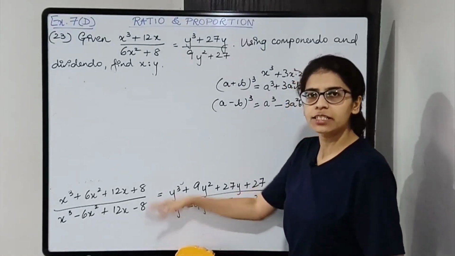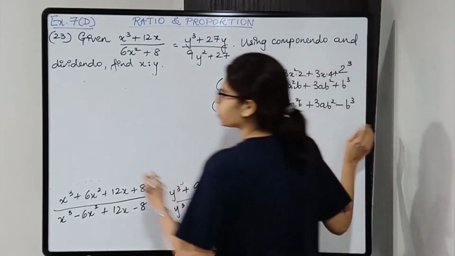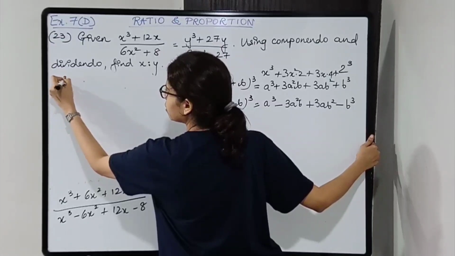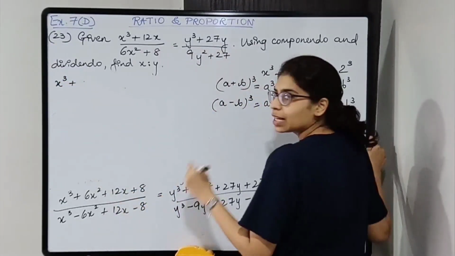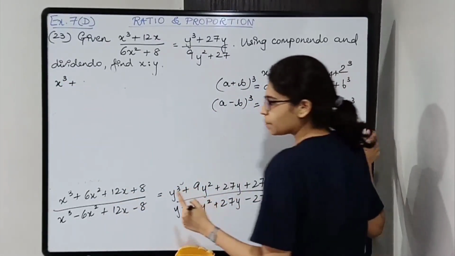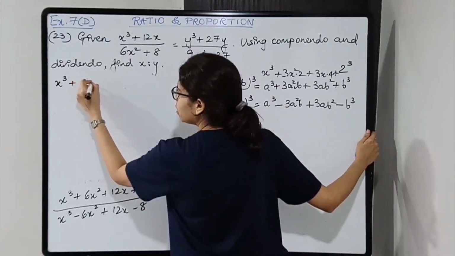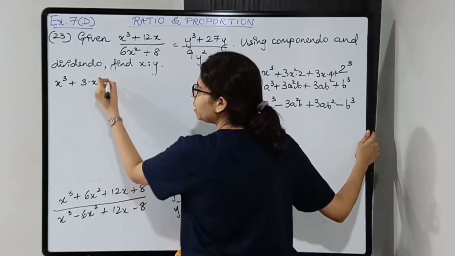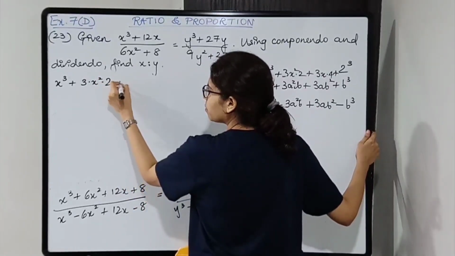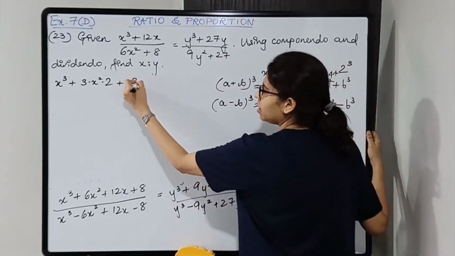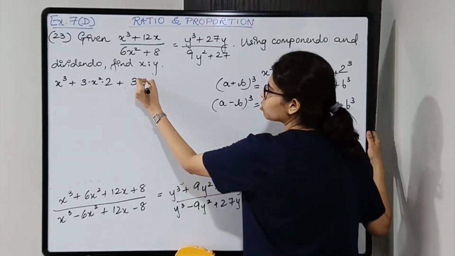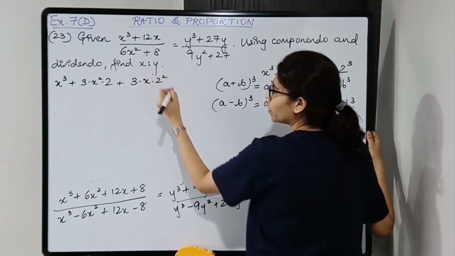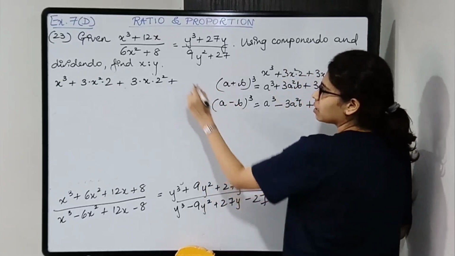So we'll rewrite this in proper identity form. So it will be x cube plus 3a square b होता है. So 3 into x square into, instead of b we have 2, plus 3ab square plus b cube.